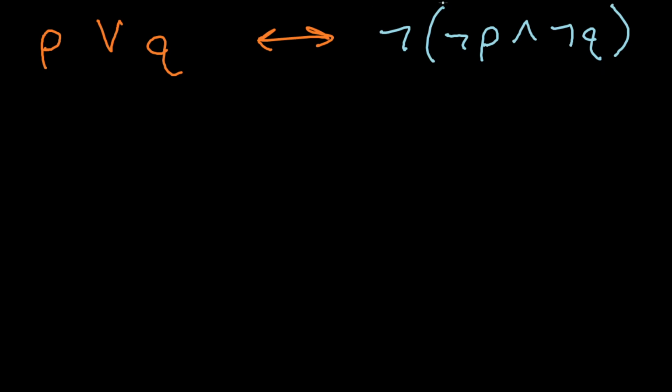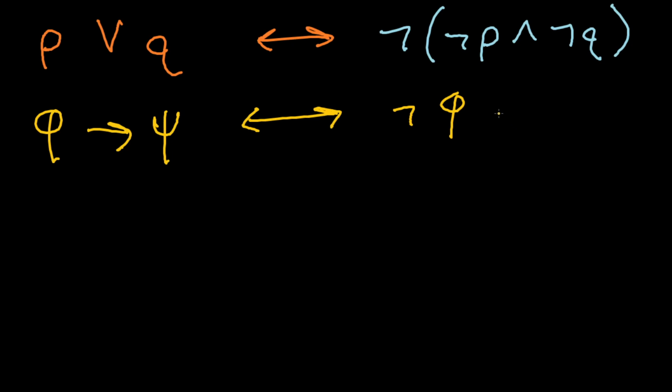I should probably be using Greek symbols for this, so I'll switch to that from here on. So for phi implies psi, right, because these are propositions, but I actually mean this for sentences, not merely sentence symbols. For phi implies psi, I mean not phi or psi.